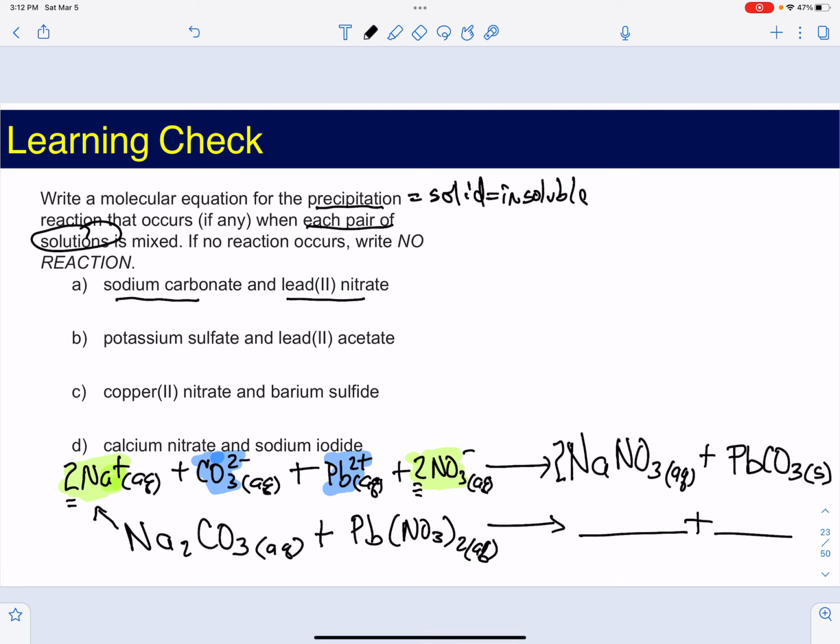And how many lead-2, and that should be what goes in here. Na, NO3, aqueous, producing lead-2 carbonate solid.